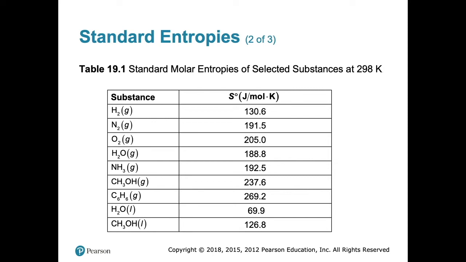We have hydrogen gas here, which is much smaller than nitrogen gas, so notice that the standard entropy is smaller. Oxygen is a lot bigger than nitrogen. It changes a little bit here with water, because you have hydrogen in there too, but there are only 3 atoms there, but ammonia has 4 atoms. And that's why you get a larger entropy there.